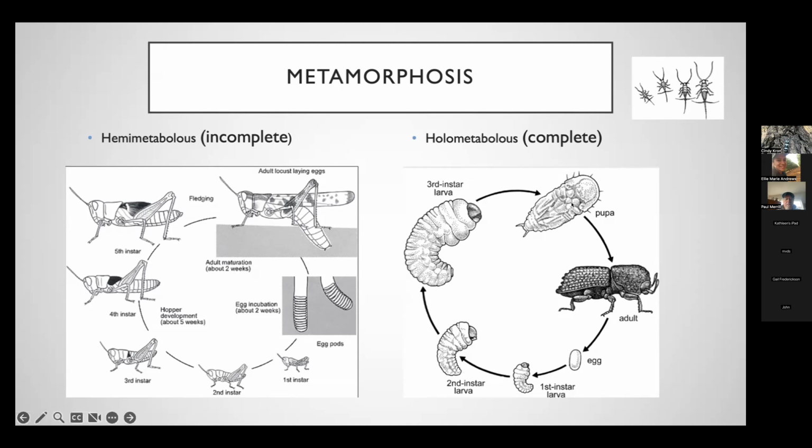With complete metamorphosis, you have egg, immature stages, a pupal stage, which is different, and then emerges an adult. The immature stages typically have different mouth parts than the adults, not always true, but typically do. They look very different than the adult.